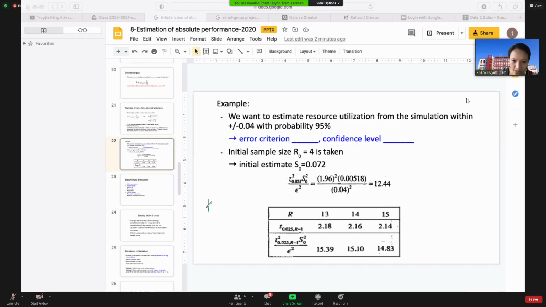Okay, so let's try it here. The half width will be equal to our z, which would be 1.96, and multiply with our s, which is 0.072.